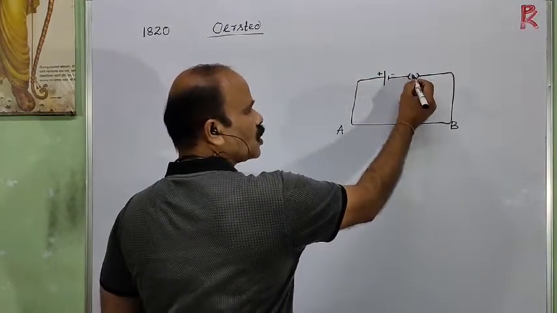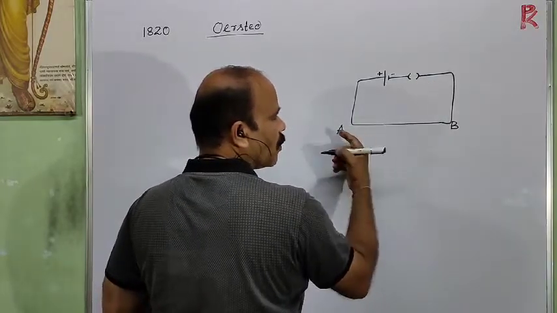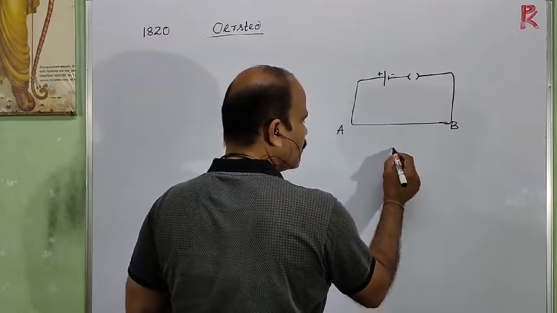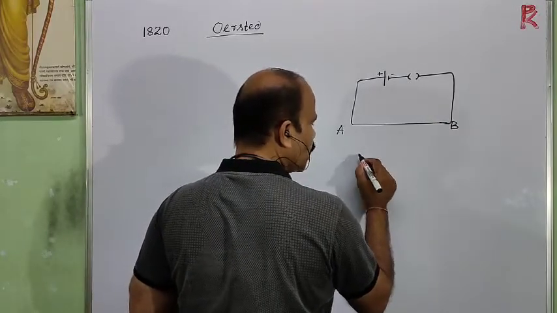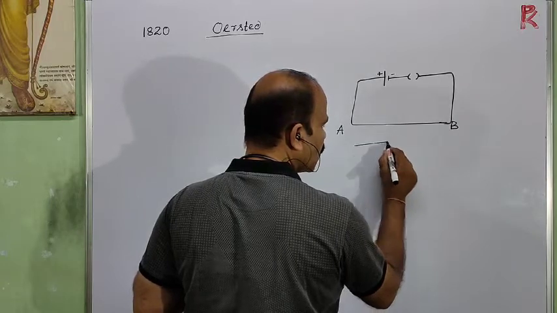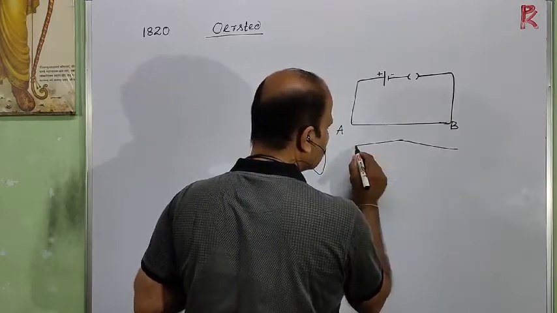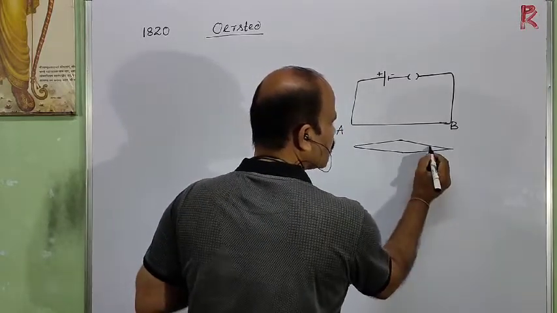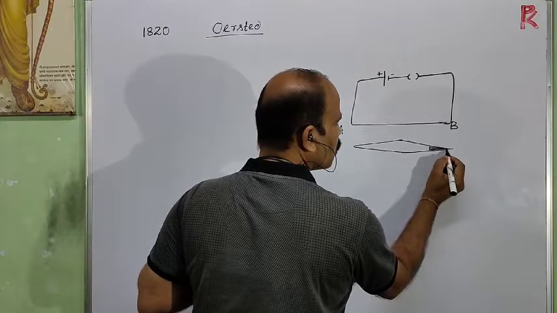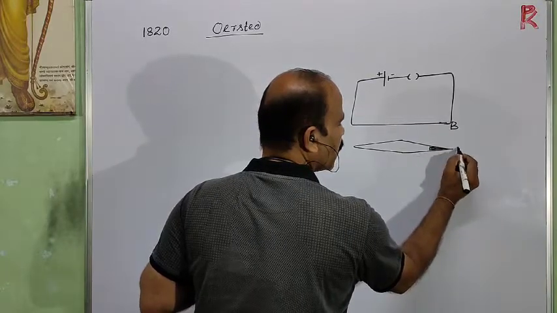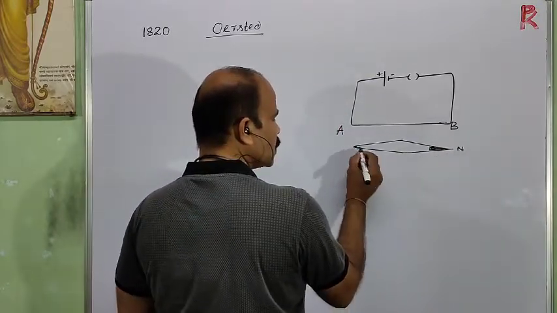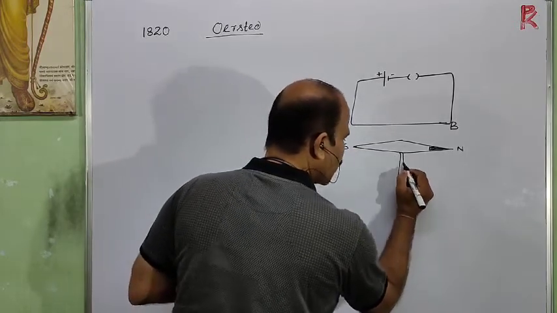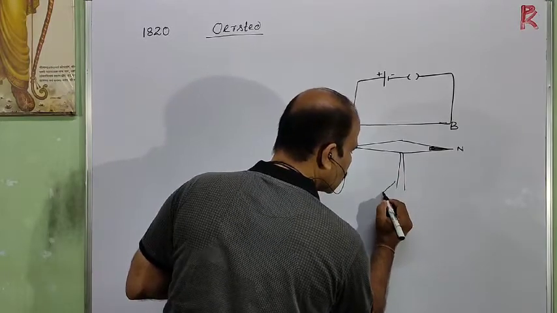If I close this key, current will flow from A to B, and I will place a magnetic needle over here. This is the north pole of the magnetic needle, and this is the south pole of the magnetic needle, and let it be pivoted by a stand.